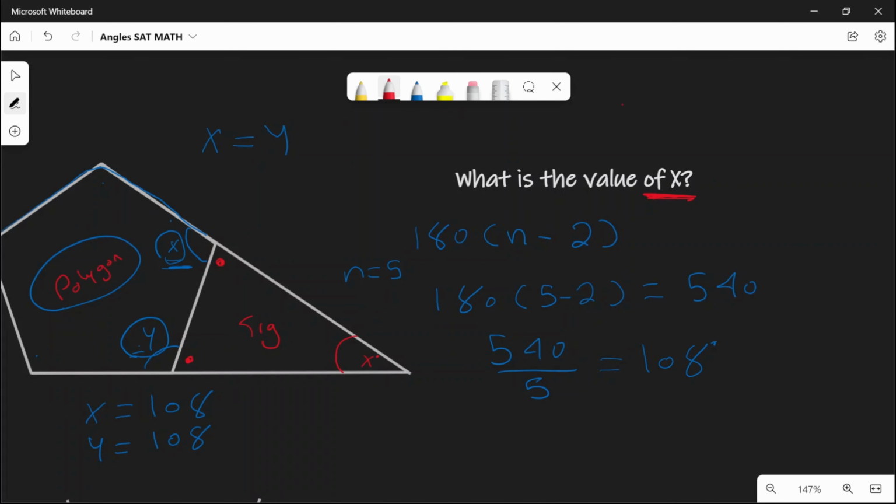Now, what about the value of these 2 angles here? We know that the value of x plus this angle, let's say angle A, is equal to 180 because they are based on the same line. So the value of A is equal to 180 minus x, and x is equal to 108. So 180 minus 108 is equal to 72.